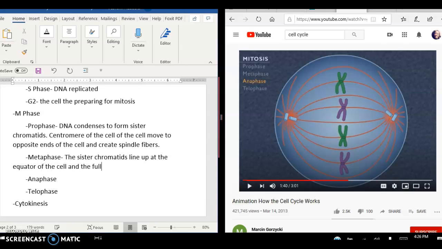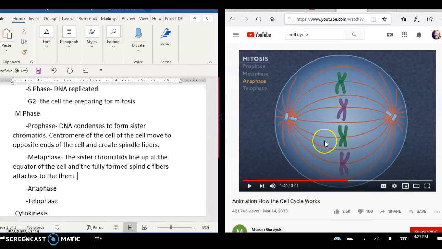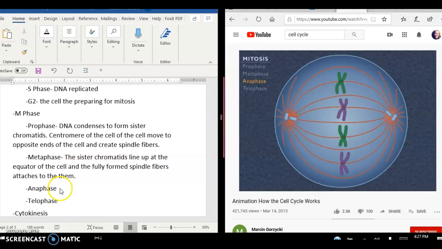And the fully formed spindle fibers attach to them. Pretty simple. Anaphase begins when the sister chromatids of each chromosome begin to separate.